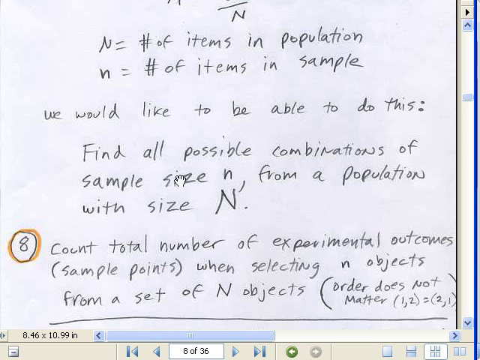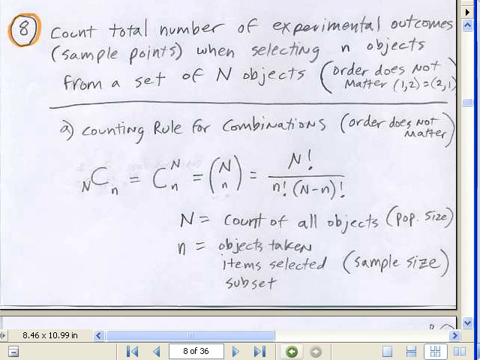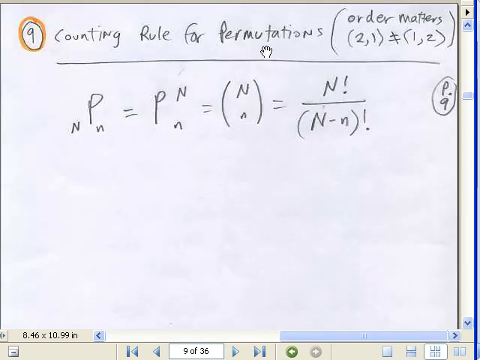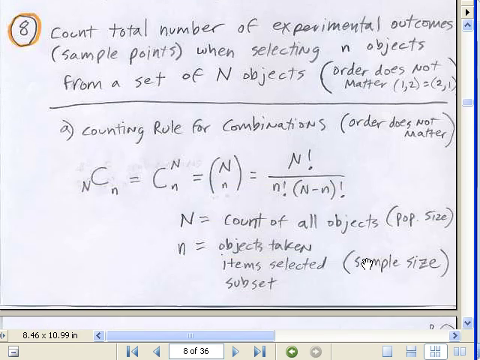Why? Because later when we talk about the central limit theorem, combination formula is very helpful when we're talking about populations and samples. All right, so our goal is to find all possible combinations of sample size n from a population with size big N, right? Now, technically, this is the definition of a combination. Now, we want to distinguish between combinations and permutations. Again, this should be a review from algebra.